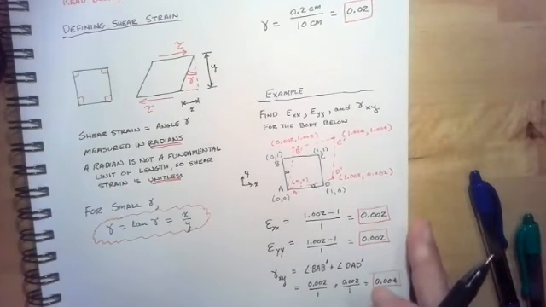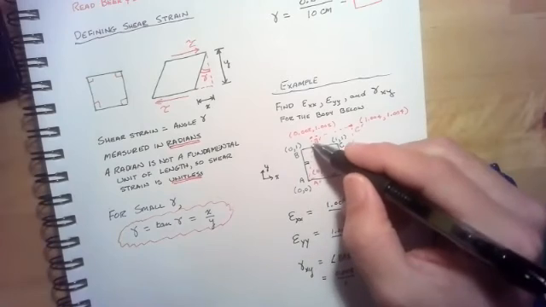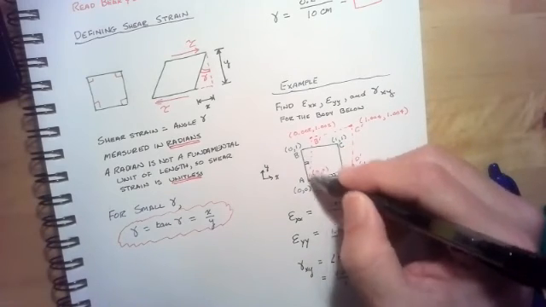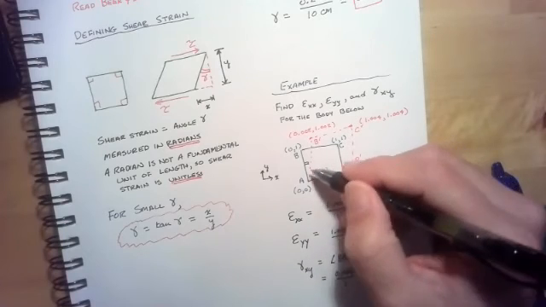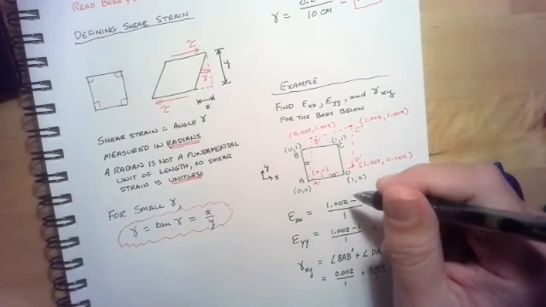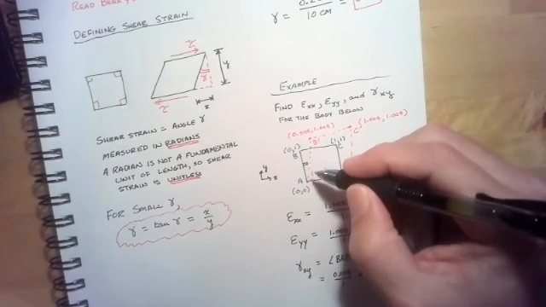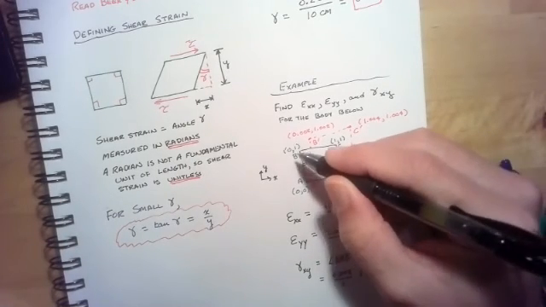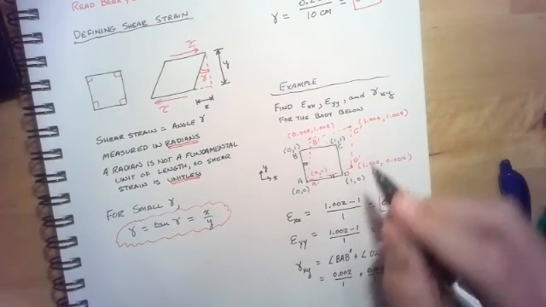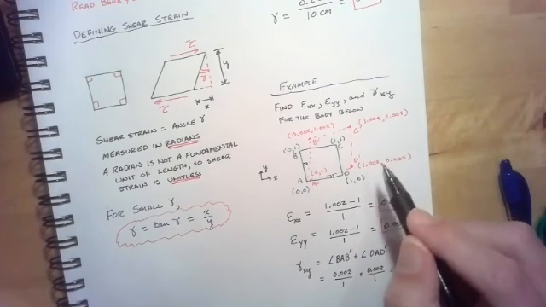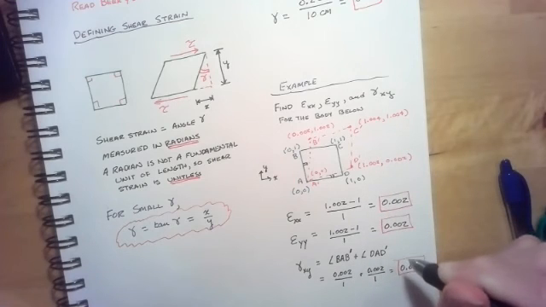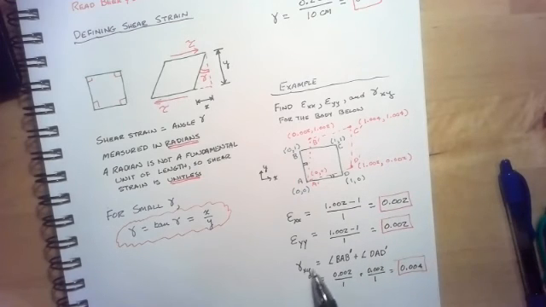Now for the shear strain, I'm interested in the change of angle A to the angle A prime. How much did this angle shrink? So I'm going to add this angle, BAB prime, to the angle DAD prime, and I'm going to get that result as the shear strain. So the shear strain is angle BAB prime plus DAD prime.